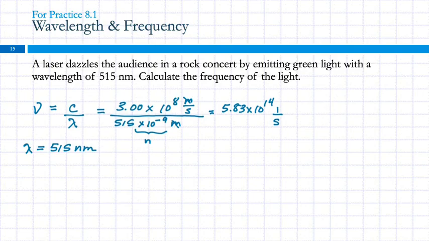Because the meter and the meter cancel out, and we're left with 1/second, which can also be written as 5.83 times 10 to the 14 seconds to the -1. Or 5.83 times 10 to the 14 hertz.